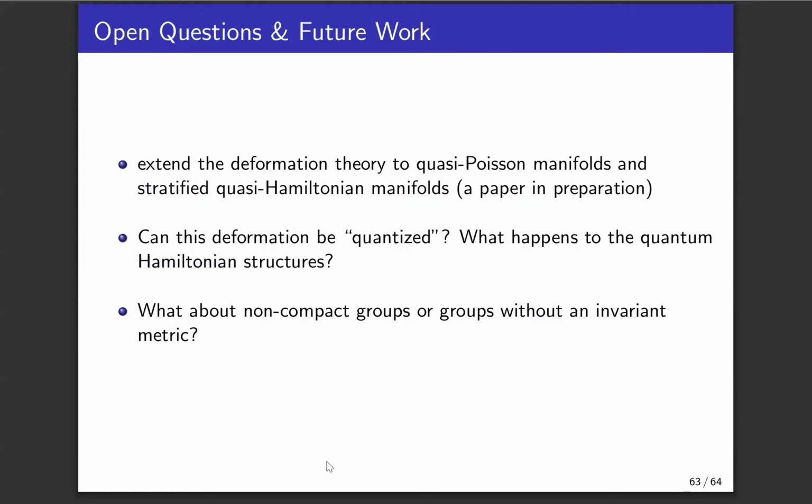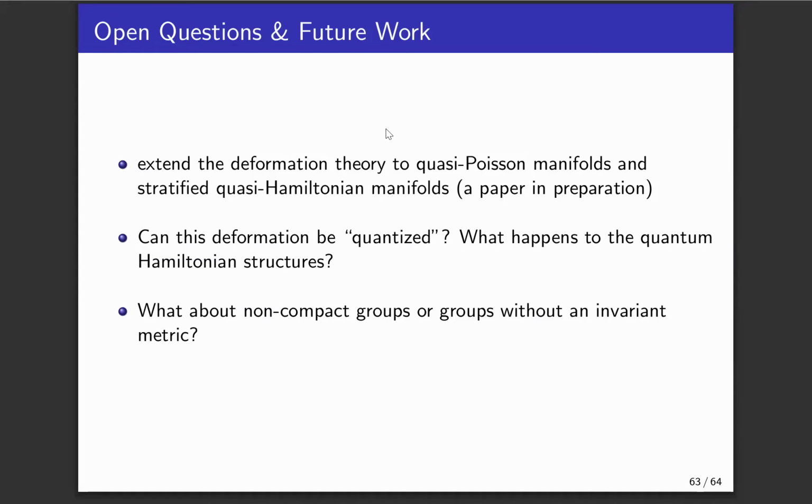And then, open questions and future work. How can we extend the deformation theory to quasi-Poisson manifold settings and stratified quasi-Hamiltonian manifolds? Actually, it's a paper in preparation. If we take Hamiltonian quasi-Poisson manifolds, how can we deform them to get Hamiltonian Poisson manifolds?